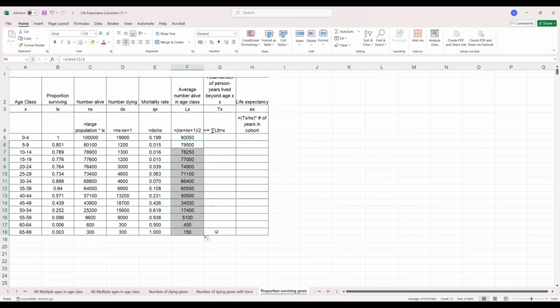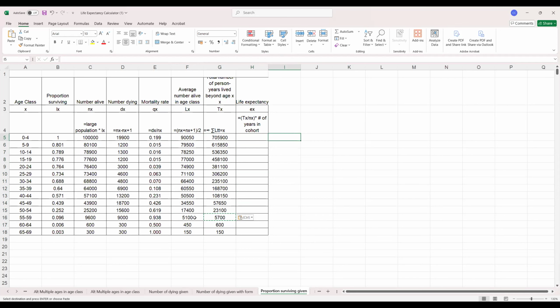And then for t sub x, start at the bottom, equals bottom plus left, and so on. Copy, you paste. Finally, okay.